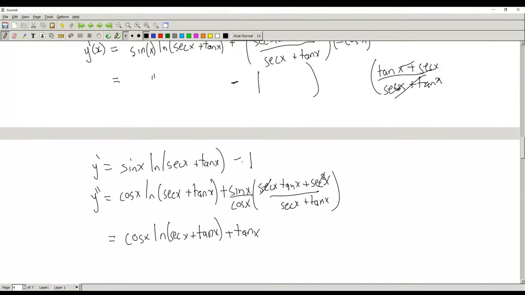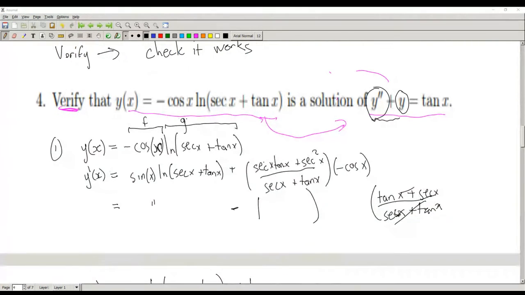So you wanted me to go back to, wait, where's my mouse gone? There. We wanted to go back to here. If we are going to do y prime, if we consider f is minus cos x and g is ln of sec x plus tan x, we know by product rule that the derivative of y is going to be f prime g plus g prime f.